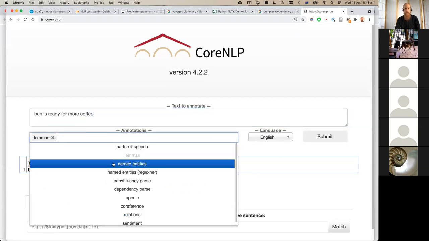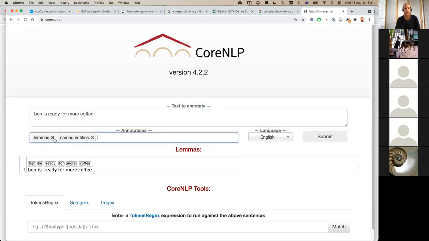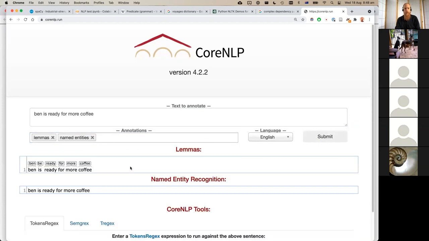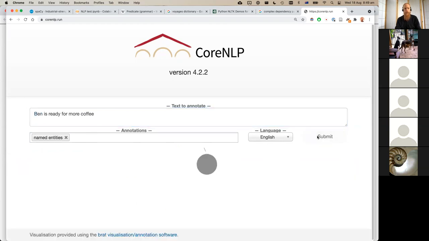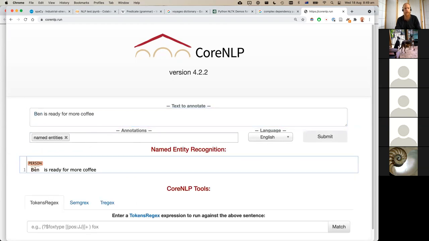So let's have a look at the named entities as well. That didn't pick that up. So looks like the named entity module here is probably expecting a capital. So there it's identified me as a person based on the syntax.